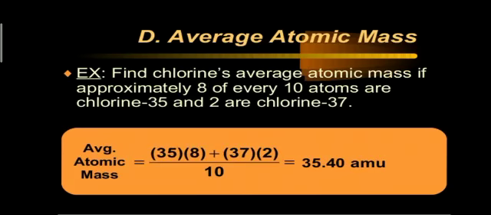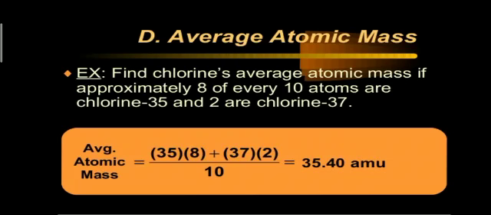This is another example, of chlorine. Find chlorine's average atomic mass if approximately 8 of every 10 atoms are chlorine 35. It means we have only 10 parts, out of which 8 are of chlorine 35 and 2 are of chlorine 37. So the percentage abundance of chlorine 35 is 8 and the percentage abundance of chlorine 37 is 2.